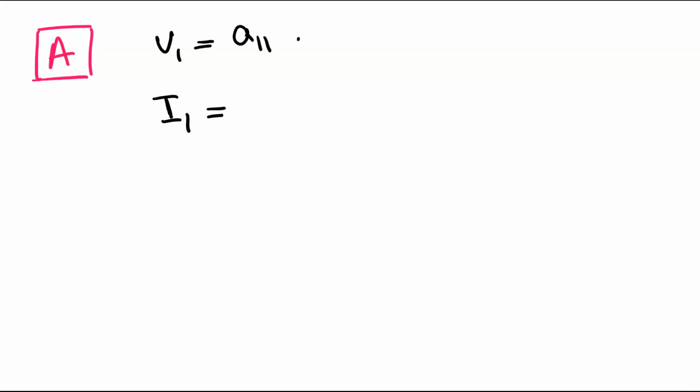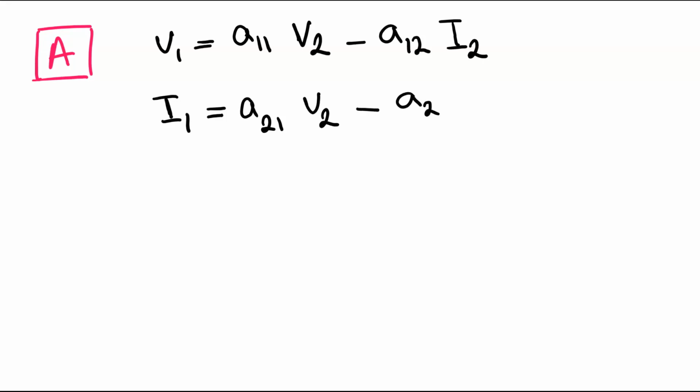V1 = A11 multiplied by V2 minus A12 multiplied by I2, and I1 = A21 multiplied by V2 minus A22 multiplied by I2. As you can see, my output parameters, I2 and V2, are my independent variables, and my input variables are the dependent ones, which can be described based on the independent variables.